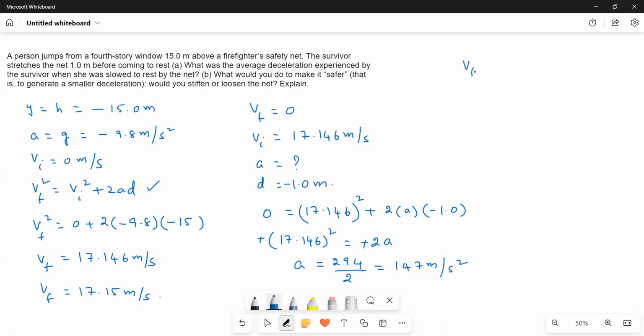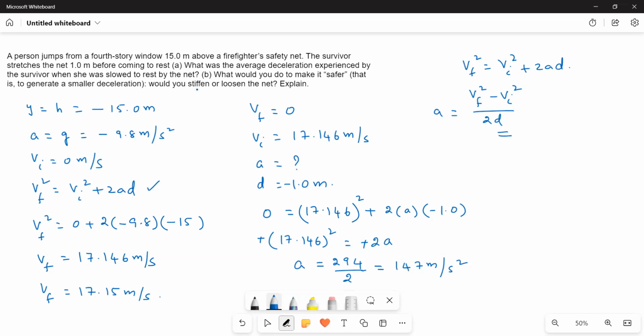Here Vf square is equal to Vi square plus 2Ad. So A is equal to Vf square minus Vi square, divided by 2d. Let us take the downward quantity as d.